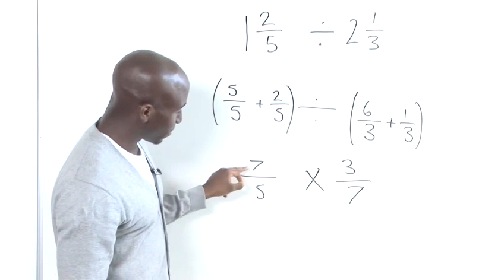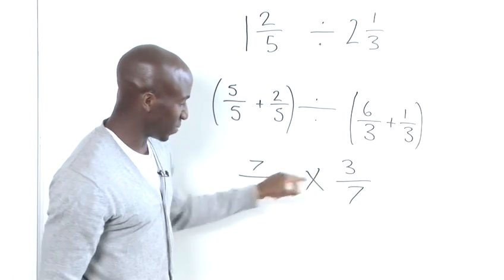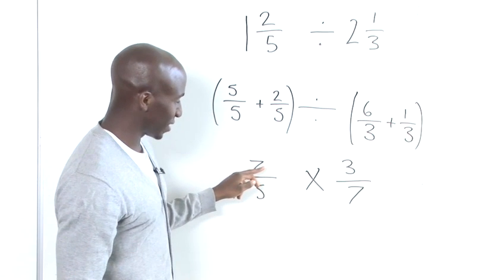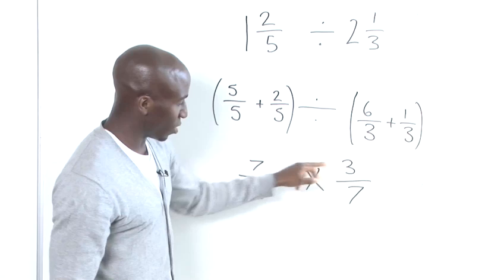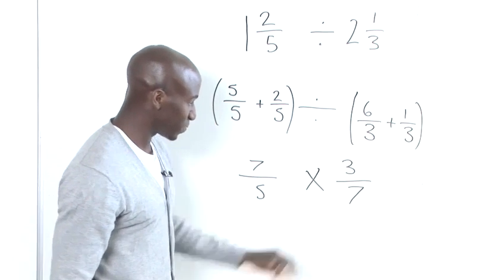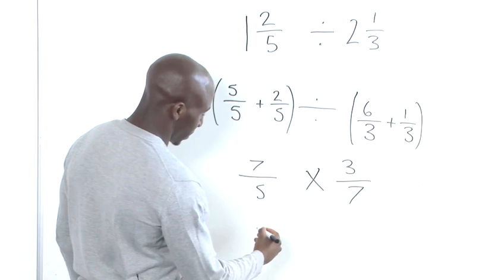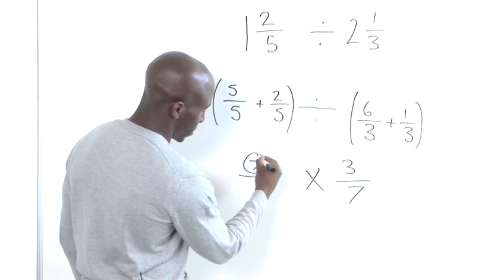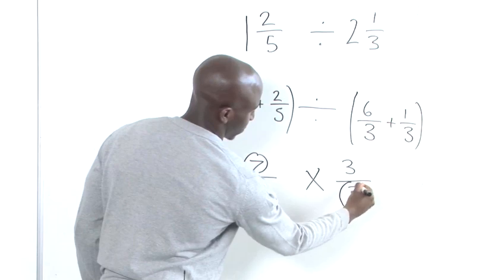Now, before we start multiplying the tops and multiplying the bottoms, we should check to see if there are any numbers on the tops that can be cancelled by numbers on the bottom. Once we bring that together, we can see that we have 7 here and 7 here.